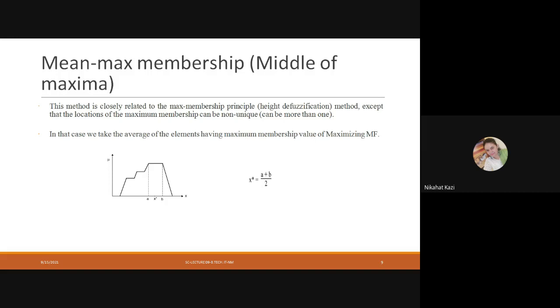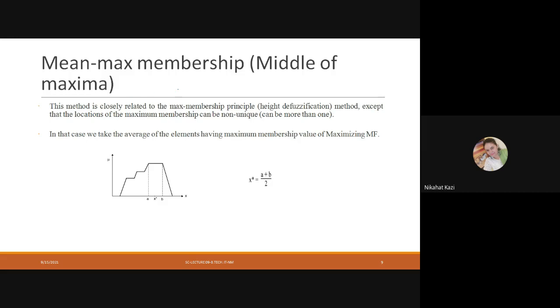Next is the mean max or the middle of max or mean of max. Okay. So this is the modification of the height function, height membership principle, which I was talking about. So if you have something like this, where there is not a single peak value, but there will be a range of values for the peak, then in that case, you apply this mean of max.